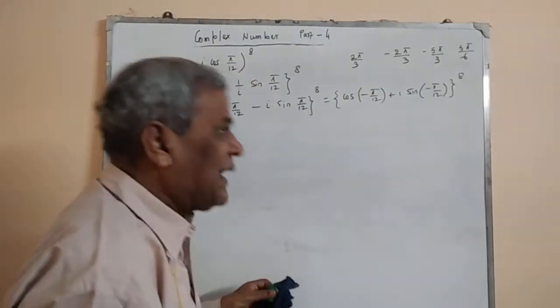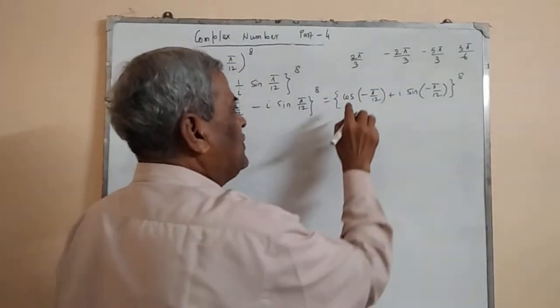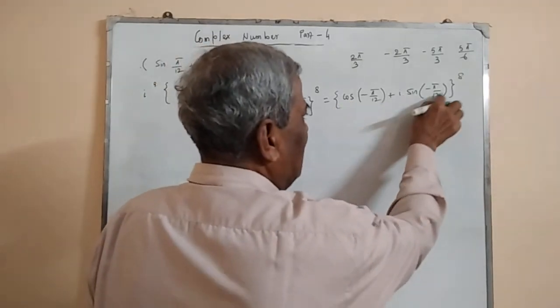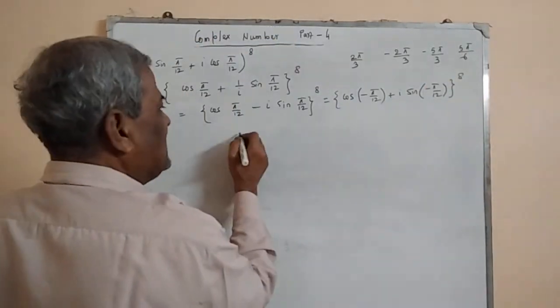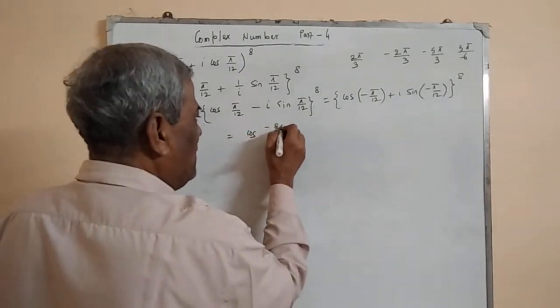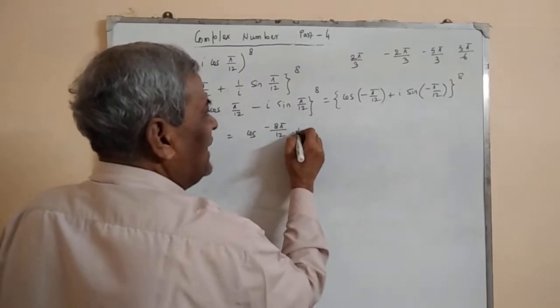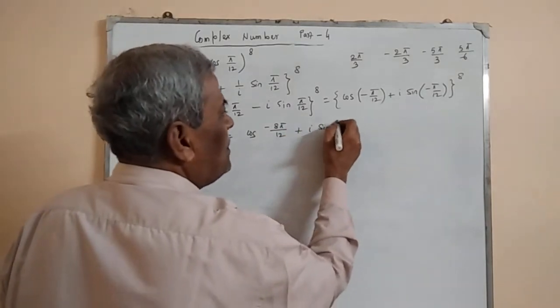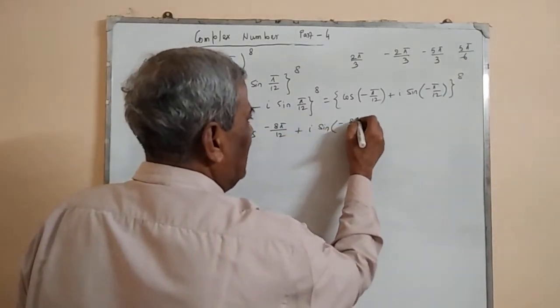Now, we can apply De Moivre's theorem because it is of the cos theta plus i sin theta type. So its result is cos of minus 8 pi by 12 plus i sin of minus 8 pi by 12.